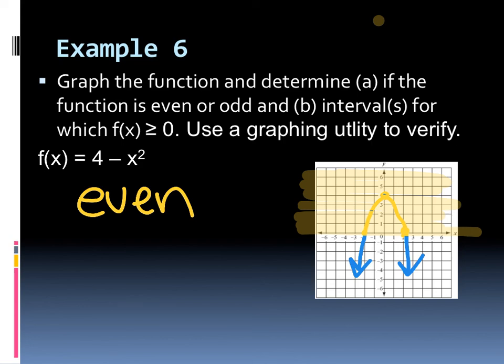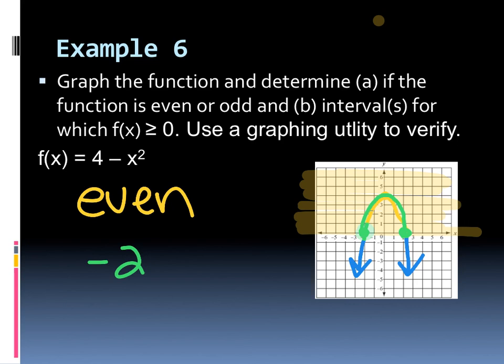So basically this is saying what part of the graph, for what values of x, is my graph on or above the x-axis. So what's the first point at which it hits the x-axis? 0. The y is 0, what's the x? 2, -2.